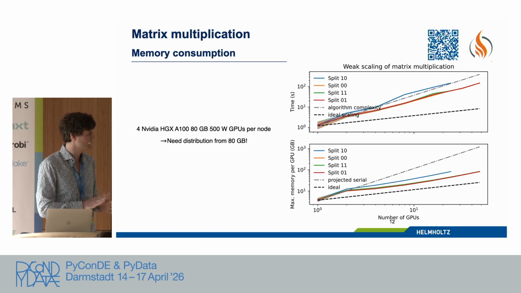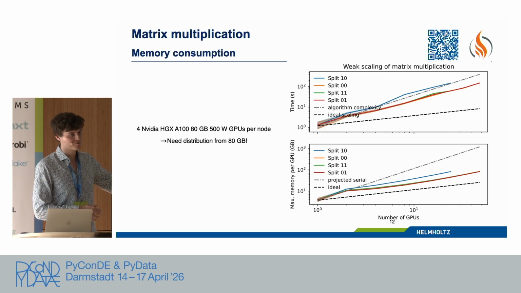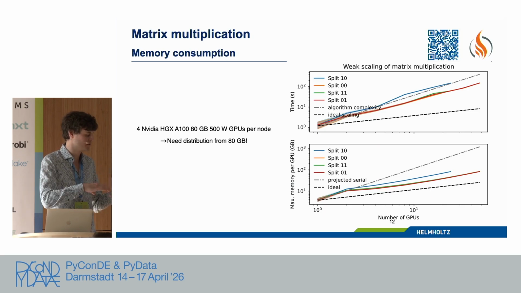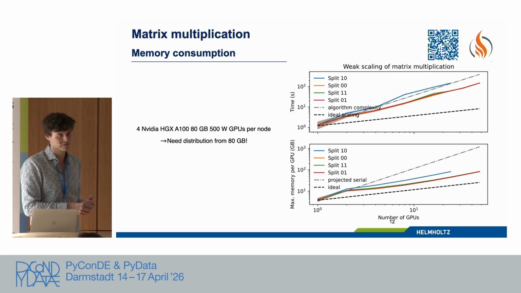But anyways, that's the test we ran here. And we tested different combinations of split matrices, right? You can have different split in both matrices that you multiply, and you get different results. But anyways, if you split, for instance, both along axis 0, it's fine. This top dashed dotted line is the projection on a single GPU, and the dashed line is the ideal speedup that we expect, and we're somehow in the middle. So, okay, timing could maybe be better.